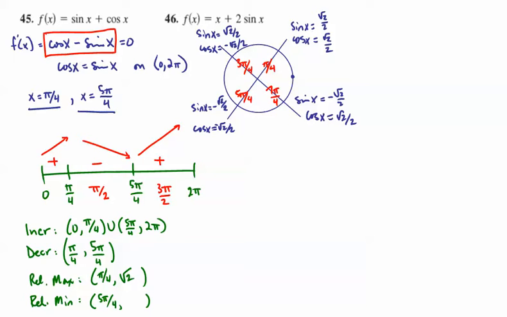At 5 pi over 4, cosine is negative root 2 over 2. Sine is negative root 2 over 2. So we're going to have negative root 2 over 2 minus negative root 2 over 2. So that's positive. I think we're going to get 0 there. So you can take some time and work out those calculations carefully. But I think we're ready to use the calculator to see how we did.